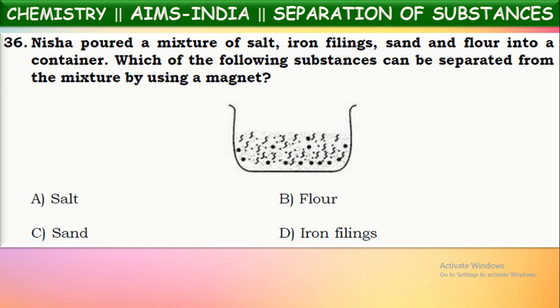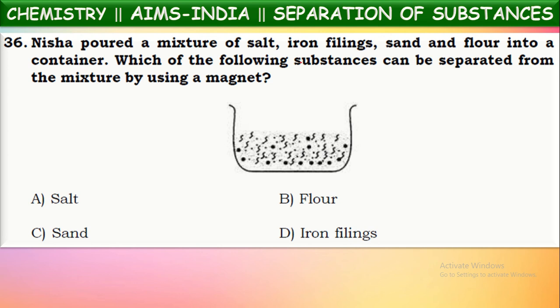To be separated by a magnet, what property should be there for the substance? It should be magnetic in nature. What does it mean by magnetic in nature? It should be attracted by the magnet. Observe once the given components in the mixture: salt, iron filings, sand, and flour. Out of these four, which is magnetic in nature, that can be separated by using a magnet.